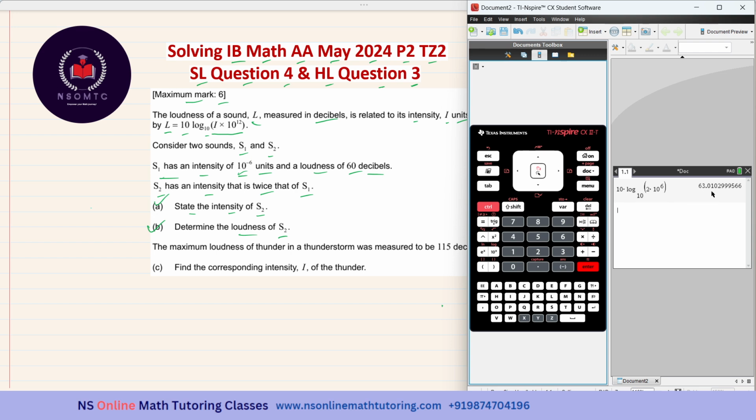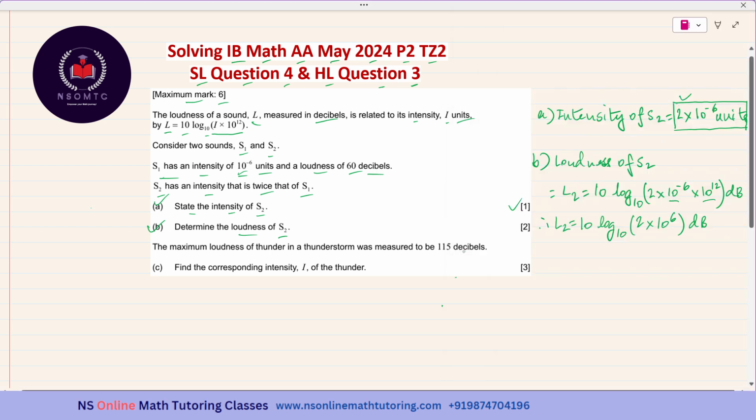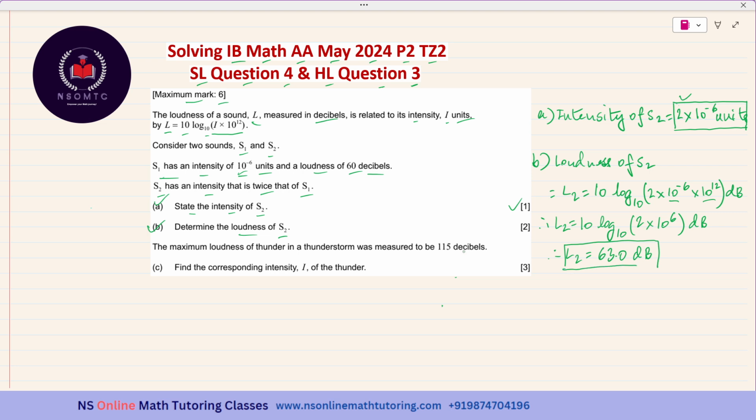It is 63, correct to 3 significant figures. It will be 63.0 decibels. So let me write this as, therefore, L2 equal to 63.0 decibels, correct to 3 significant figures.